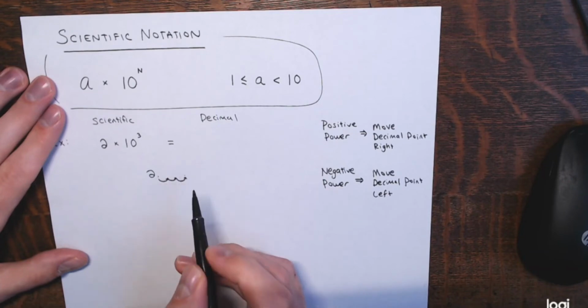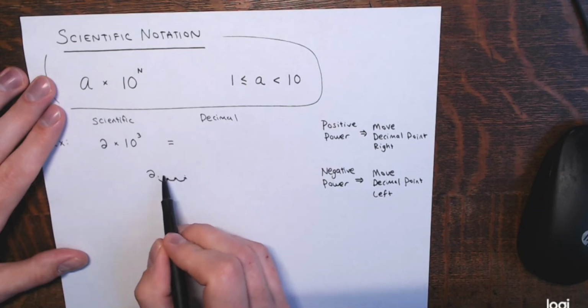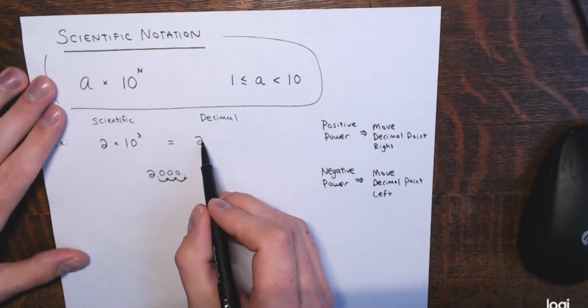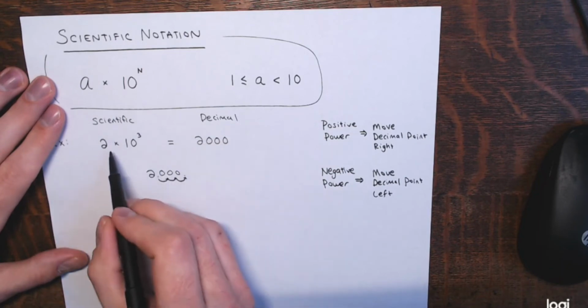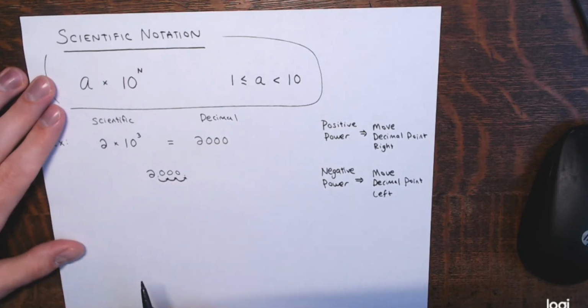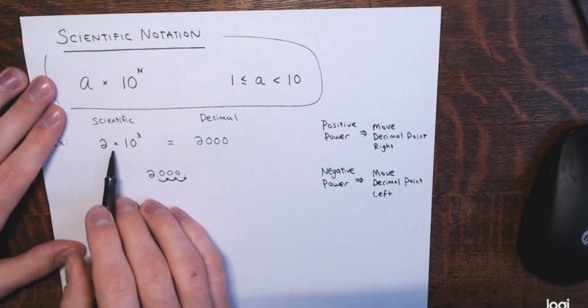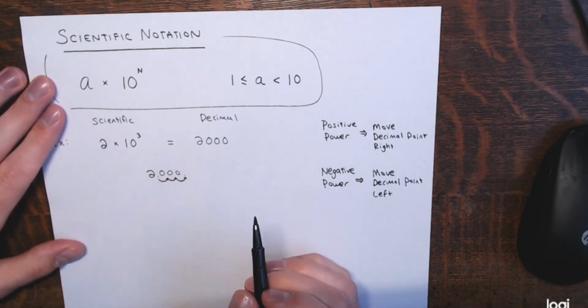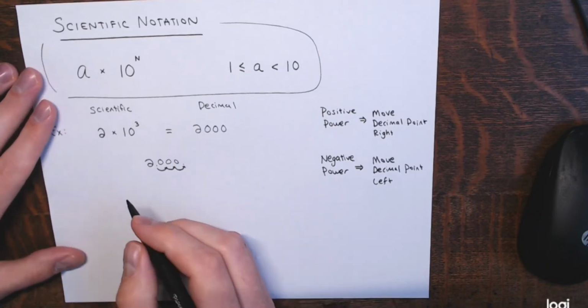And then every time there's an empty spot, you fill it with a 0. So 2 times 10 to the 3rd is 2,000. That's 2 times 1,000. So in scientific notation, 2 times 10 to the 3rd. Decimal, 2,000.